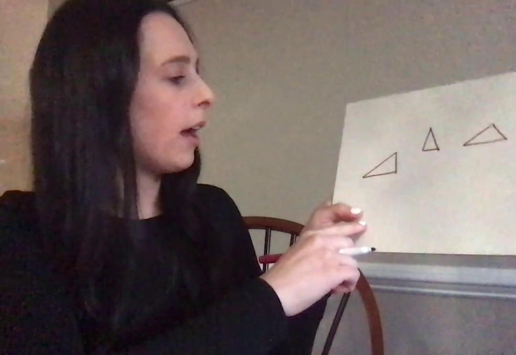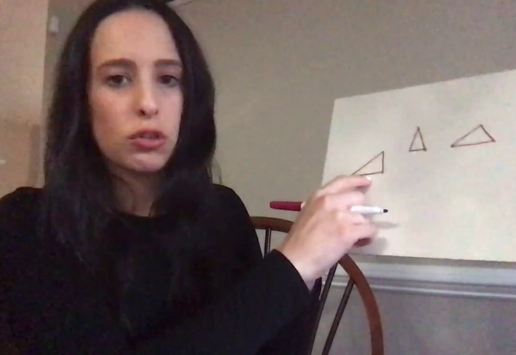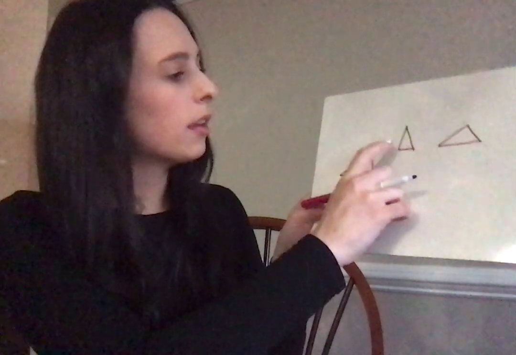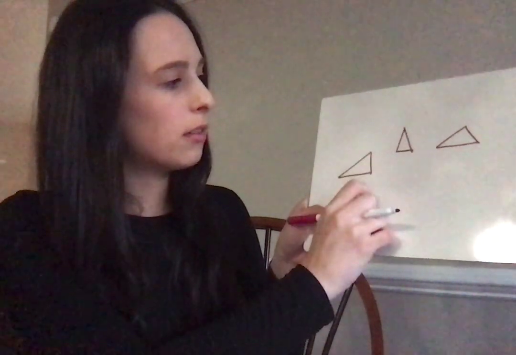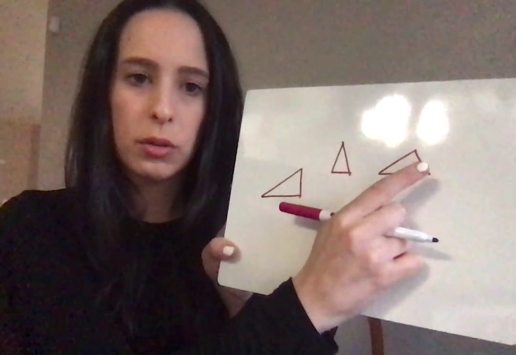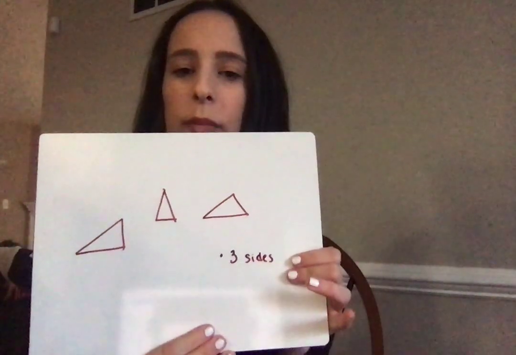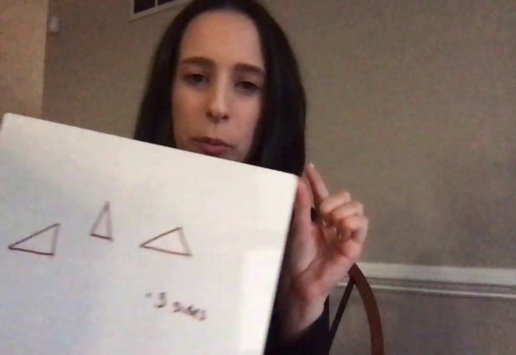Well, I can see that this shape has 1, 2, 3 sides. This shape has 1, 2, 3 sides. And this shape has 1, 2, 3 sides. I can write that they all have 3 sides. But I think I could be a little more specific.